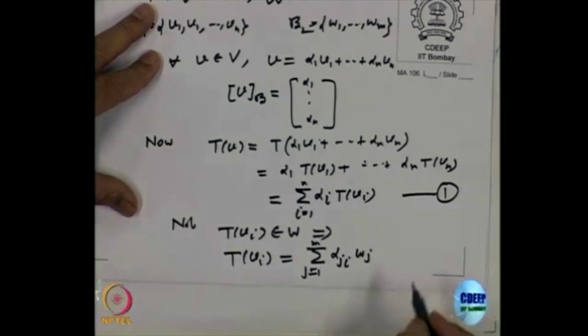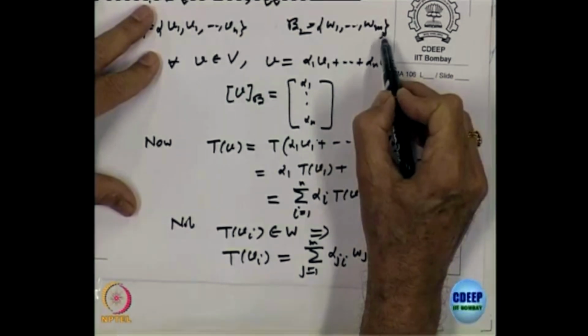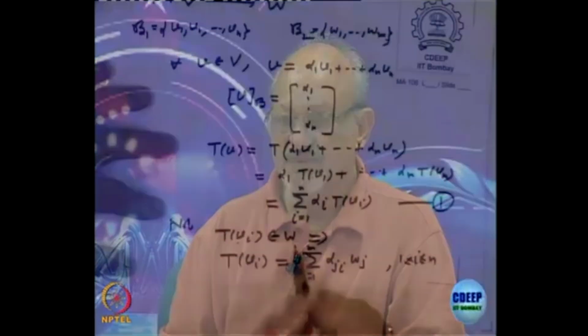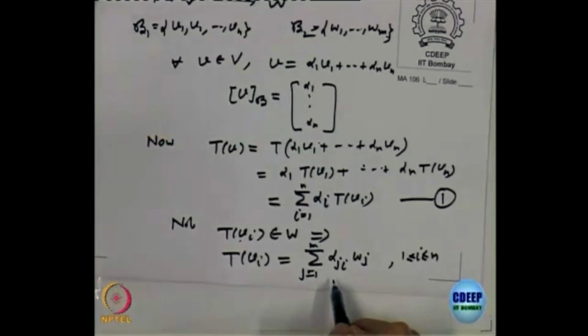These Wj, j equal to 1 to m, are a basis of W, so T of Vi is a linear combination of them. The scalars appearing in the representation depend on i: for each i there will be m of them, so T of Vi is a linear combination of the Wj, j from 1 to m.